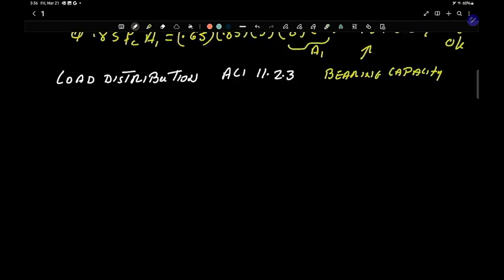Next we're going to calculate the load distribution per ACI 11.2.3. Sometimes we used tributary area, beam spacing from beam to beam, or ACI has a different formula, which I like. Let's take a look at ACI 11.2.3. Let me bring that up. I have them in a PowerPoint right here. Hold on. There we go.